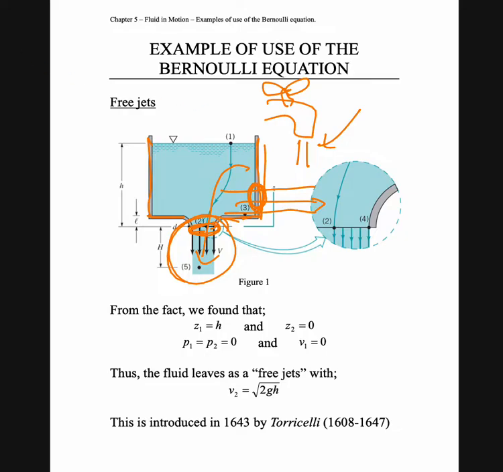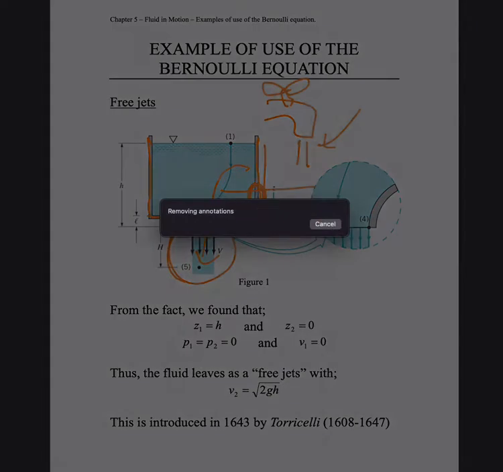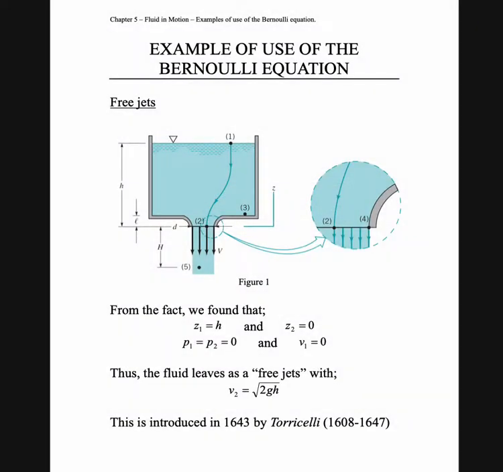So how do we evaluate this? Let's say we have this condition. We have a tank like this one, and water fills until this level. At the bottom surface here, we have a hole and water flows at a certain velocity. First thing first, you need to draw the datum in your diagram.